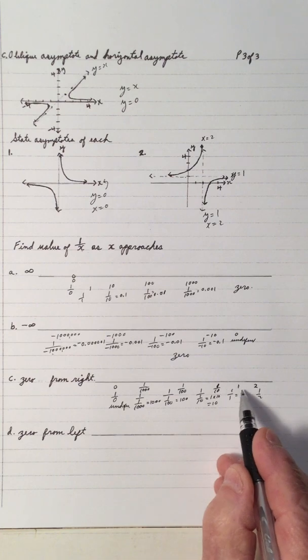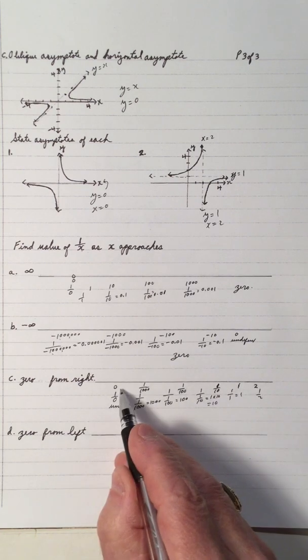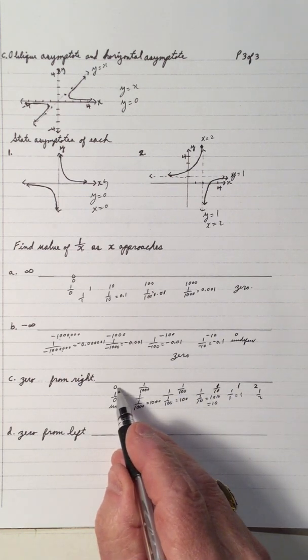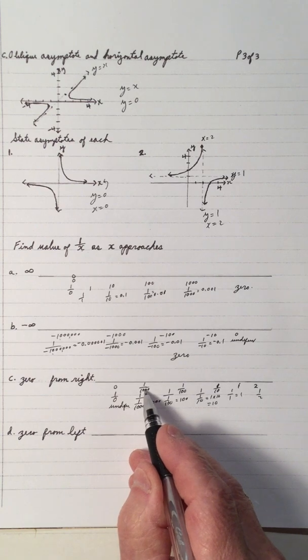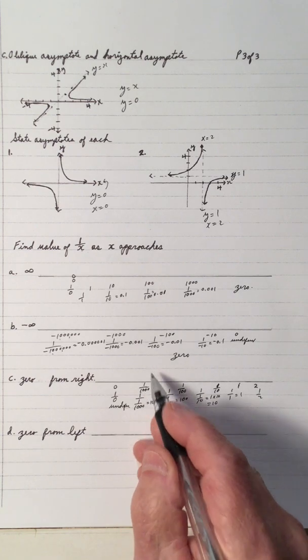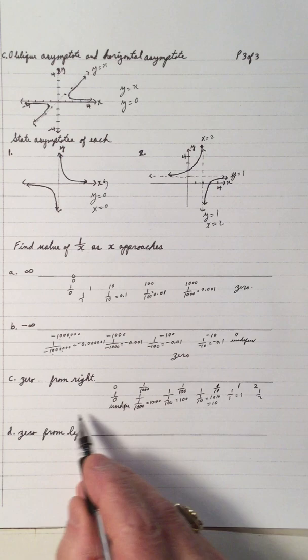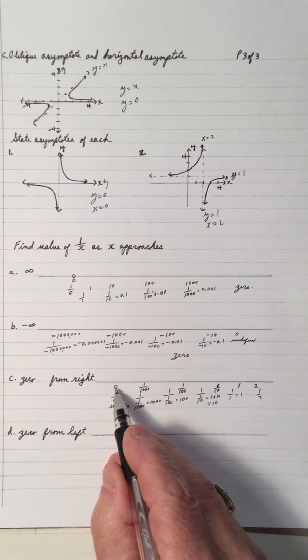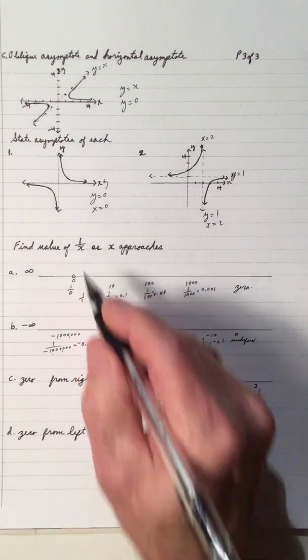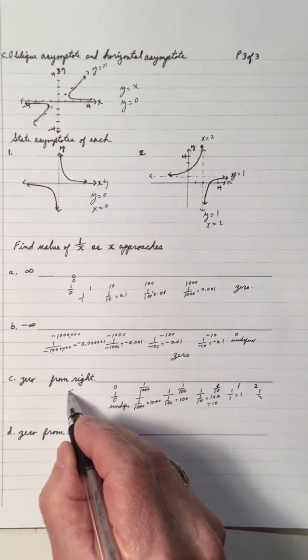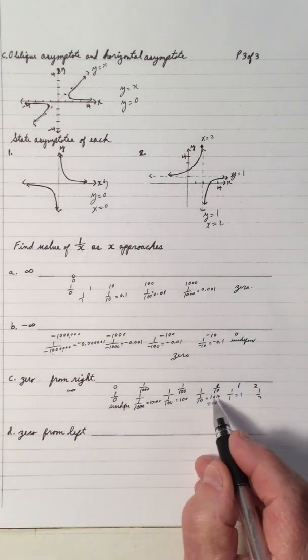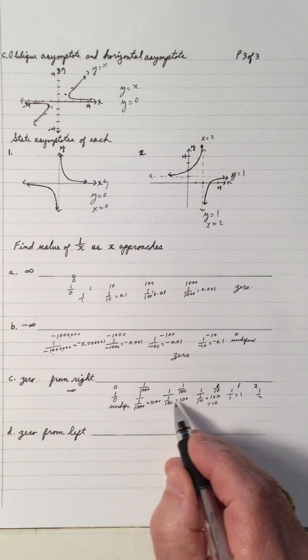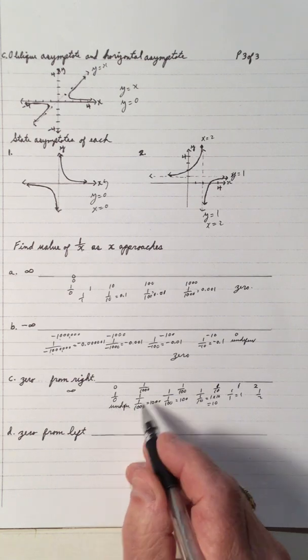So notice when I'm between 1 and 0, getting closer to 0 with this fraction, the number is getting larger and larger. So that means the closer I get as x approaches 0, 1 over x is approaching infinity. It's getting larger and larger. Notice we got a 10, 100, 1,000, etc.